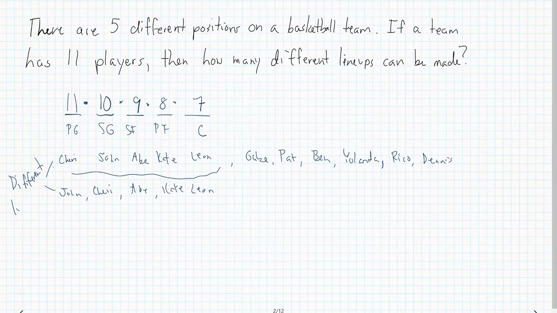And that's important because what's happened here is the order in which we list them, the way in which we arrange these people, that makes a difference. And the idea here, yeah, granted, we can get an answer. So we take 11 times 10 times 9 times 8 times 7, and we get our 55,440 lineups.